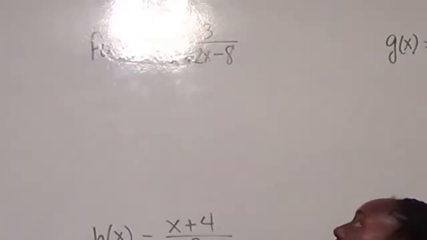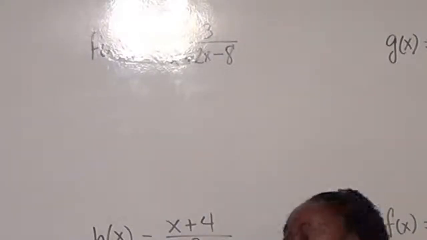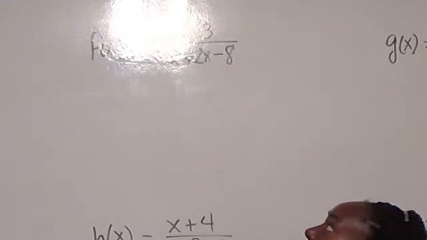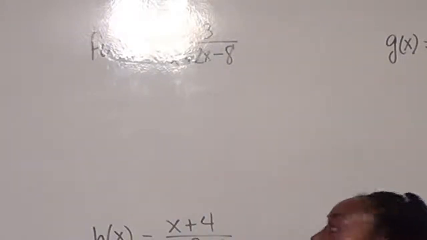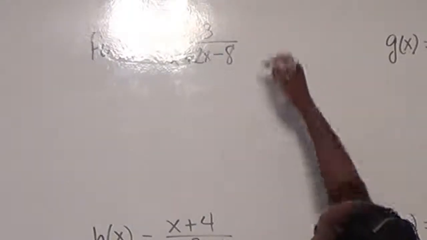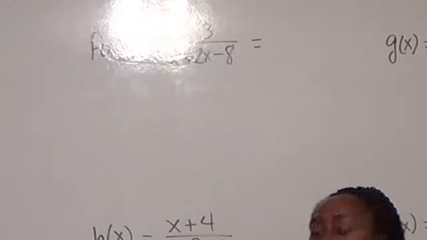Alright, let's look at a couple of rational functions. In this first one, f of x equals x squared minus 3 over x squared plus 2x minus 8. Here the first thing we notice is that I can rewrite this function.